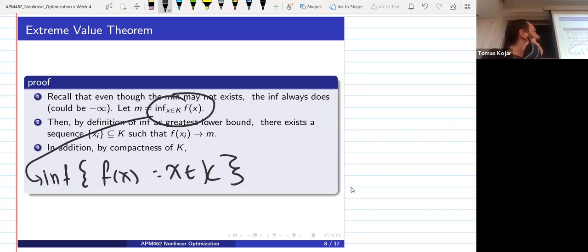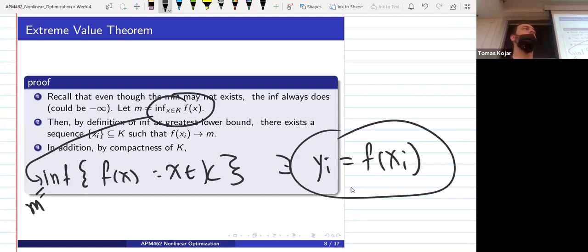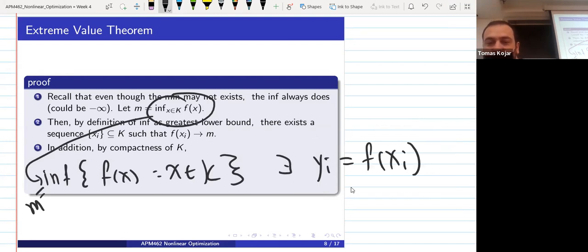And by this definition of infimum that we just talked about, call this M, there exists yi equal to f of xi, so that the yi's go to M.